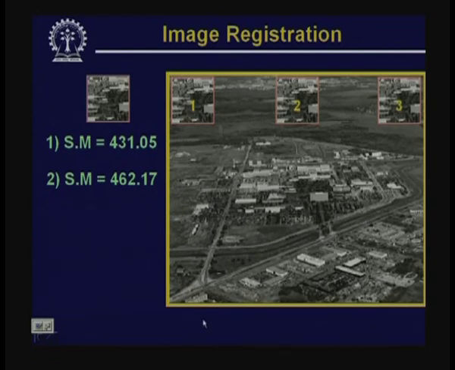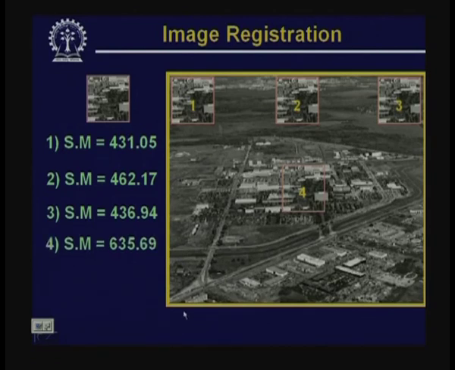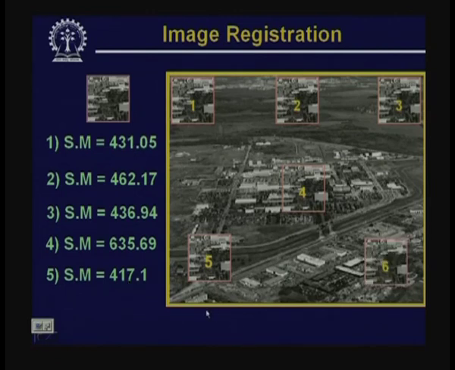At location 3, the similarity measure is 436.94. At location 4, the corresponding similarity measure is coming out to be 635.69. At location 5, it is 417.1. At location 6, the similarity measure comes out to be 511.18.